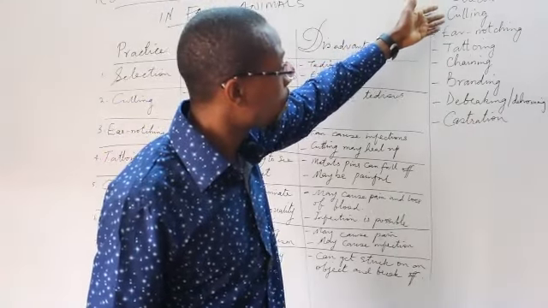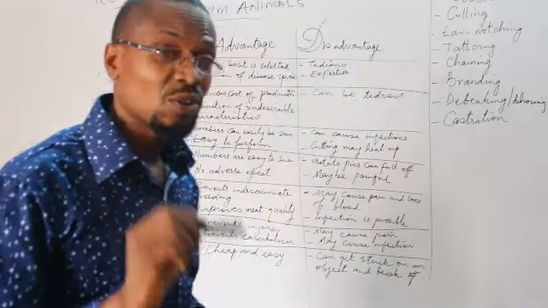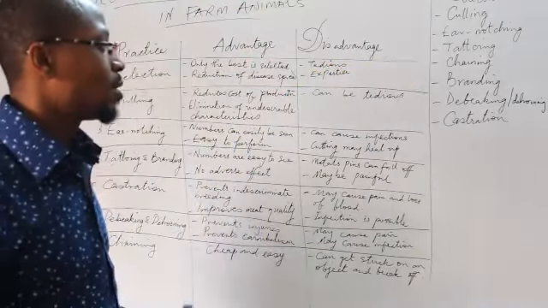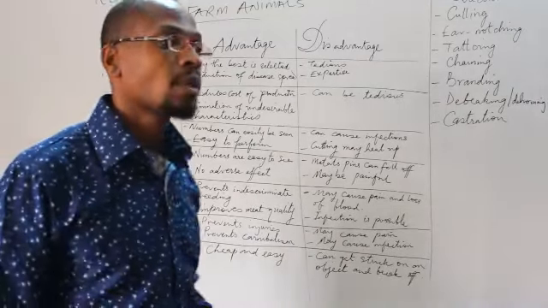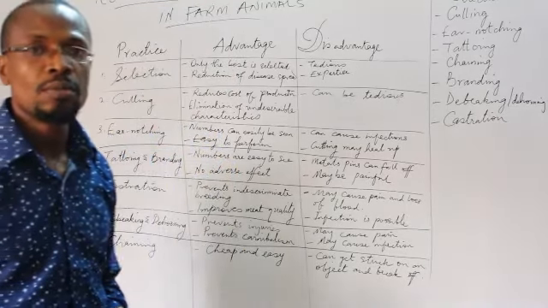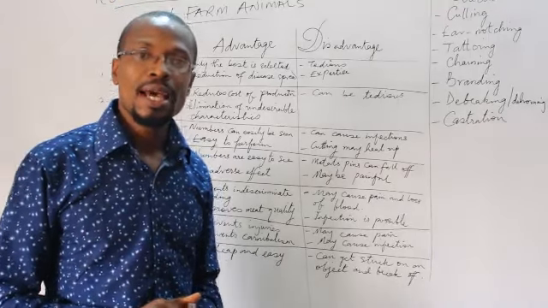Because talking about all of this, culling, ear notching, you are keeping good records of your farm animals. So these are a number of the things that the farmer will do to keep his farm in optimum production, quality, and standard.